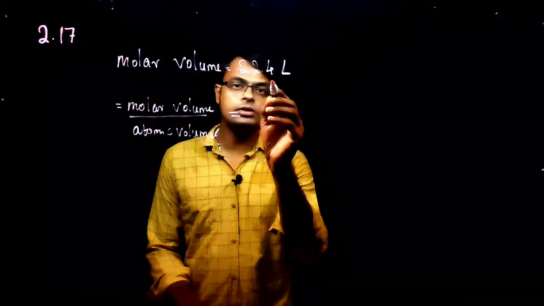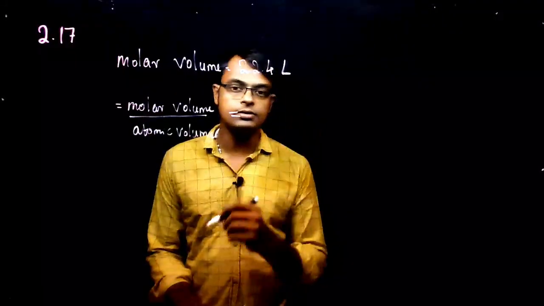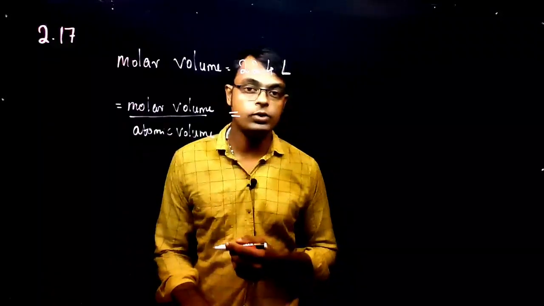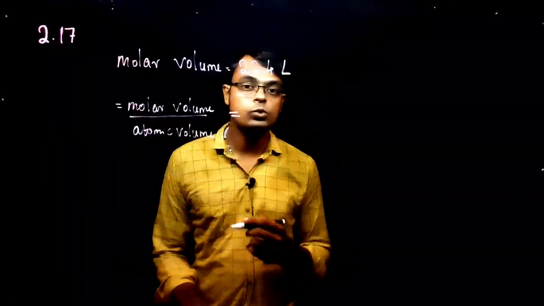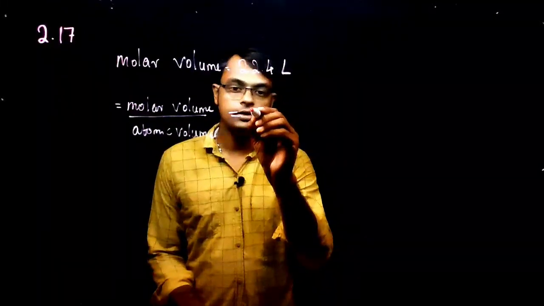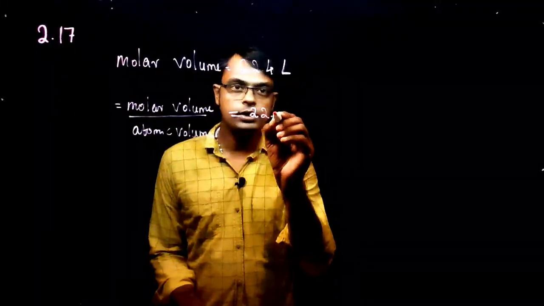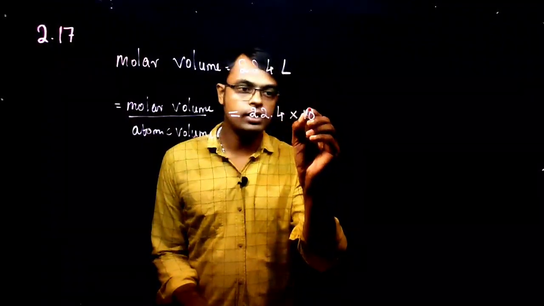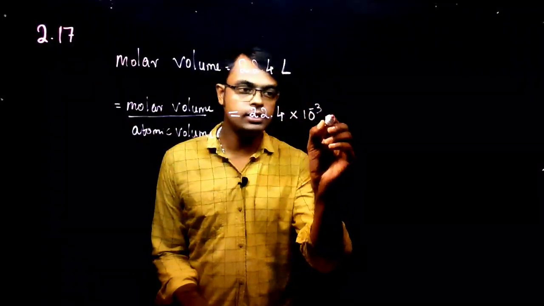Molar volume is given as 22.4 liter, where 1 liter is equal to what? If you are converting into SI unit, 1 liter is equal to 10 to the power minus 3 meter cube. So you can write this value as 22.4 into 10 to the power minus 3 meter cube.